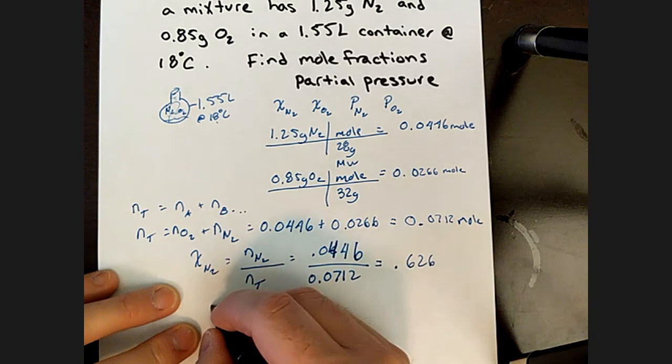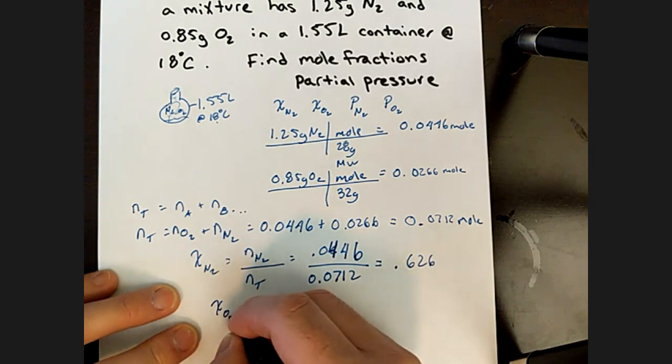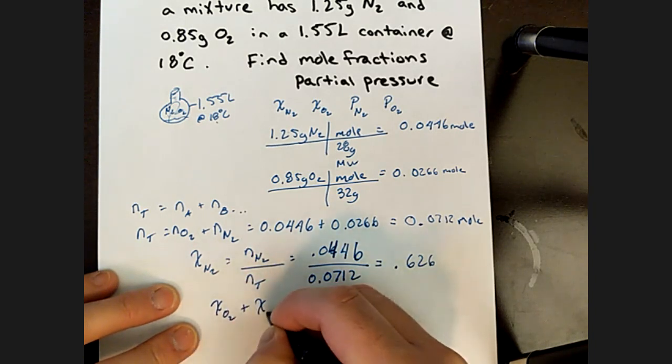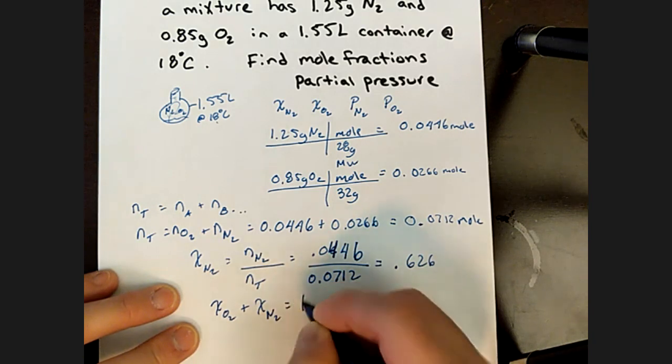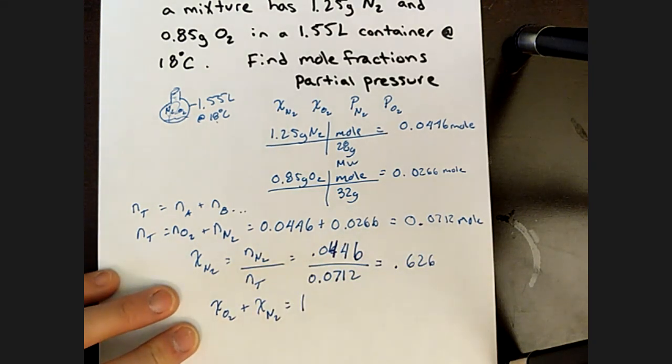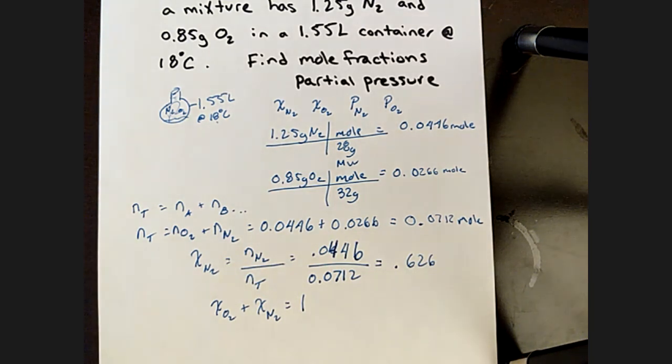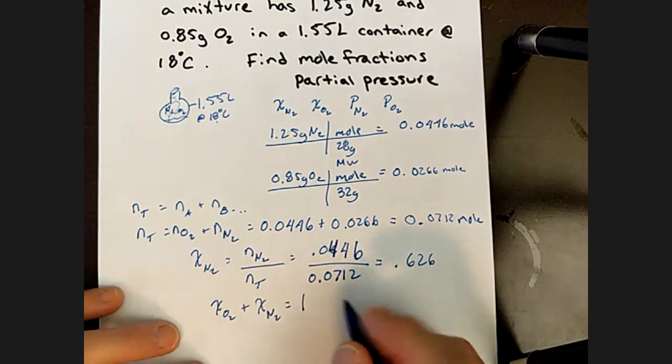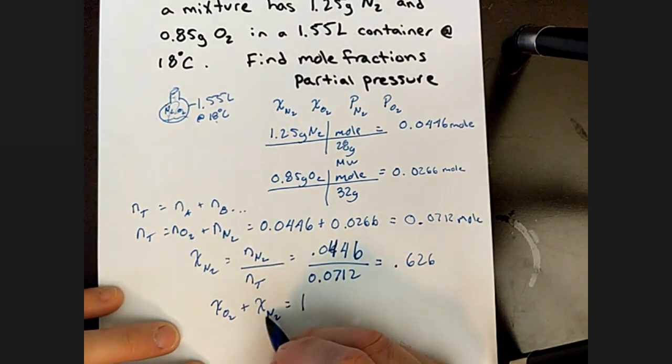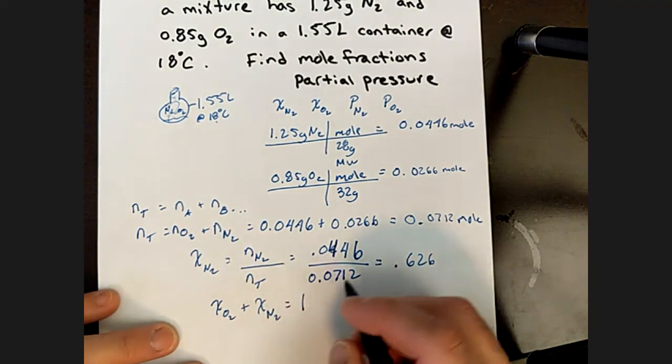Also, the mole fractions add up to 100, right? If I only have 2 gases in a system, 100% of those gases would be those 2 gases. So if you add up all the stuff, they add up to the total. So you could just plug that in for the nitrogen and solve for the oxygen this way.